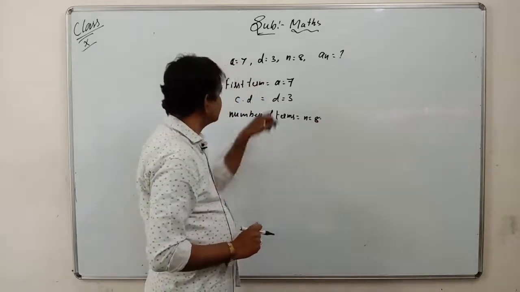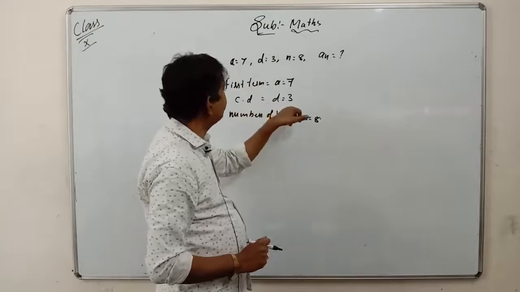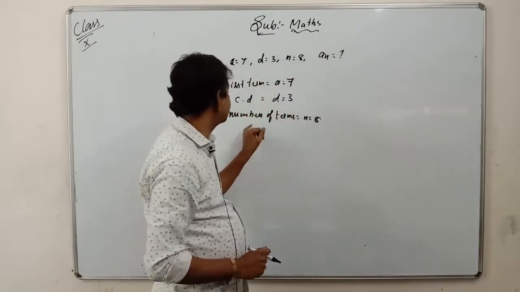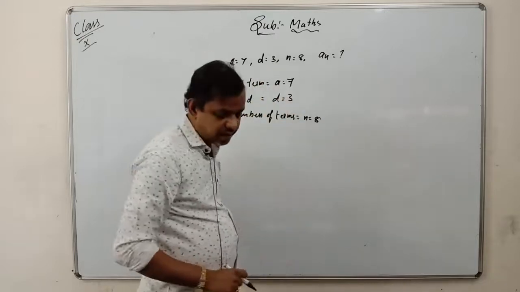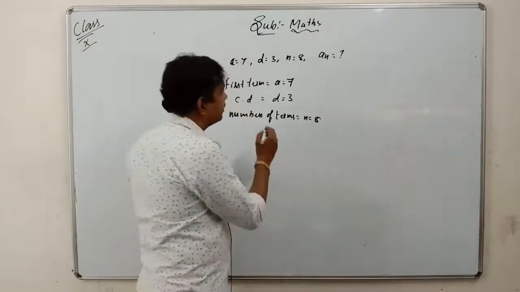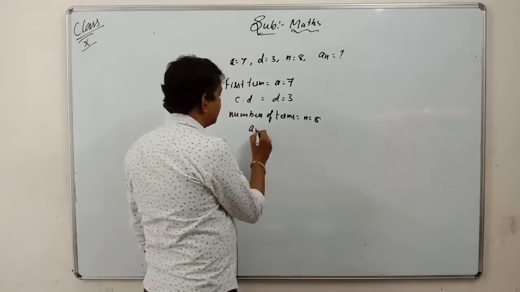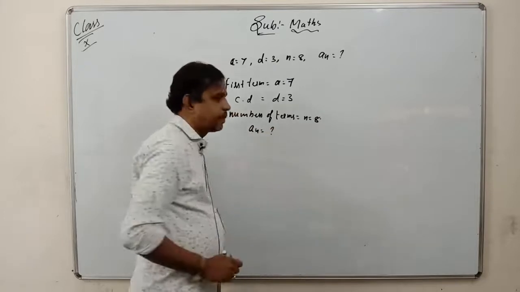So what is given? First term is 7, common difference is 3, and number of terms N equals 8, and what you have to find is An equals how much.